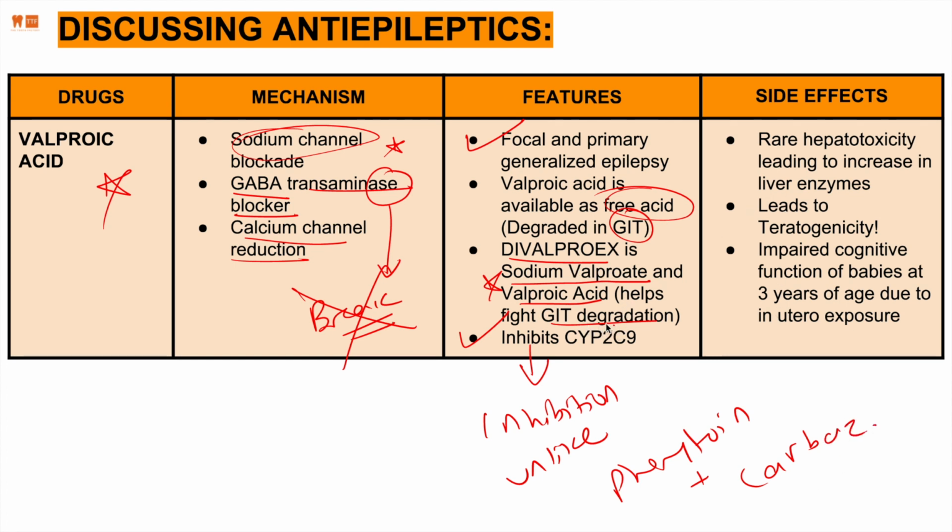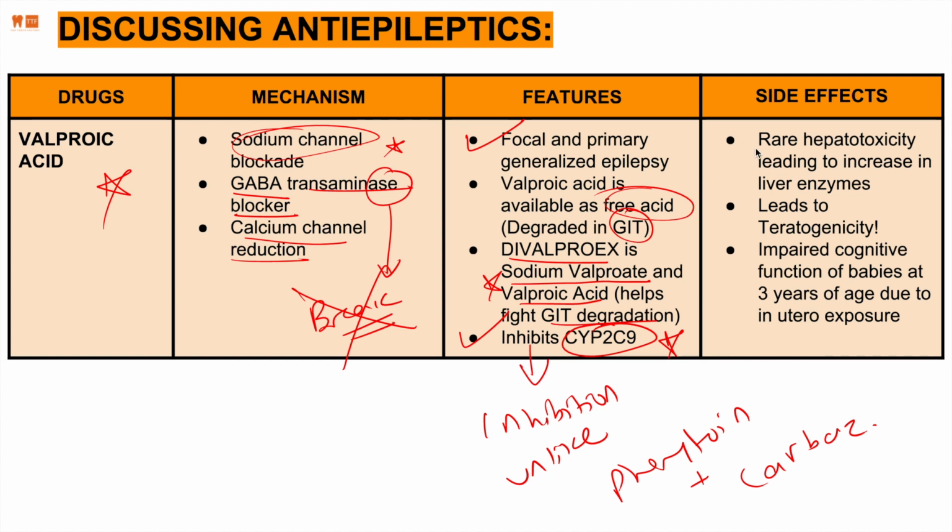And if we need to know this, there's a lecture that we have on other CNS drugs that has details on the CYP2C9, as well as in our pharmacodynamics and kinetics lectures, you can find out the liver enzyme activities.